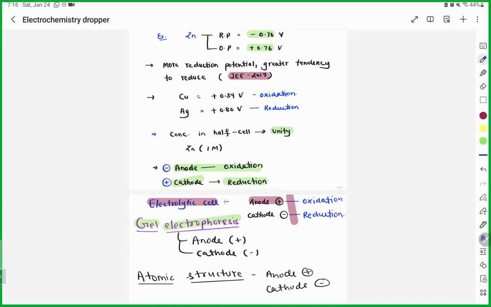Pratigya, tell me what is the difference between the electrode potential and cell potential? I don't remember, sir. Barinder, what is the difference between the electrode potential and cell potential?